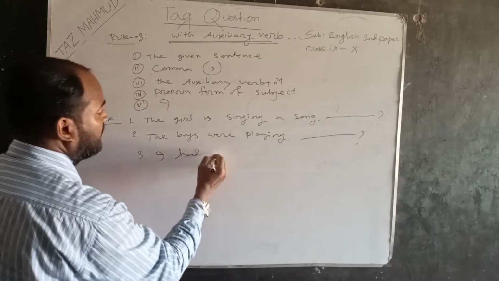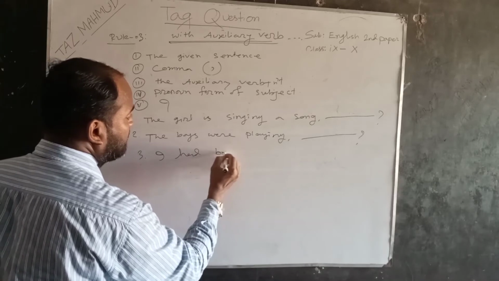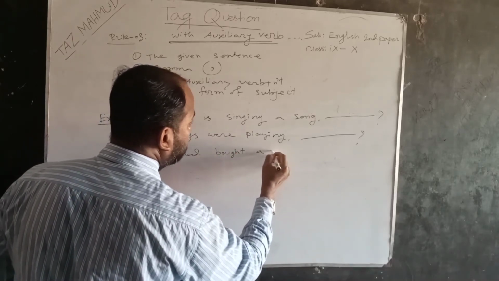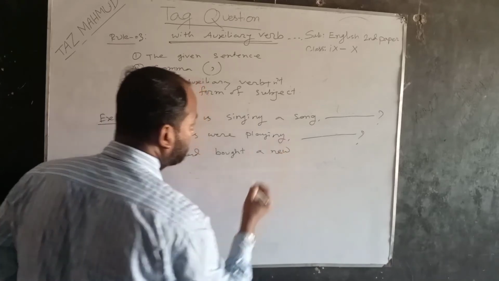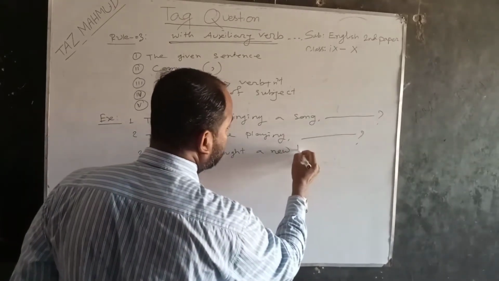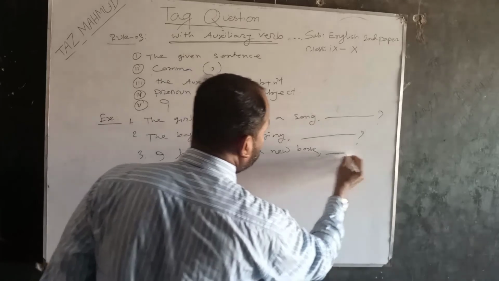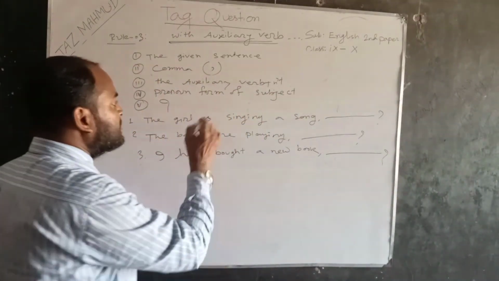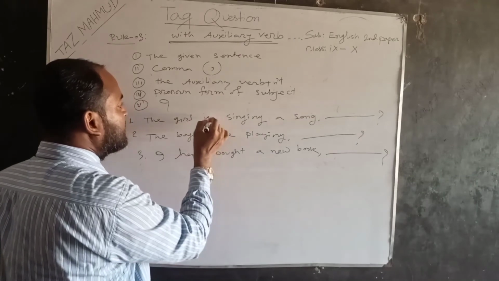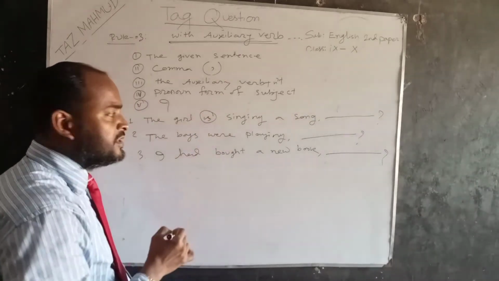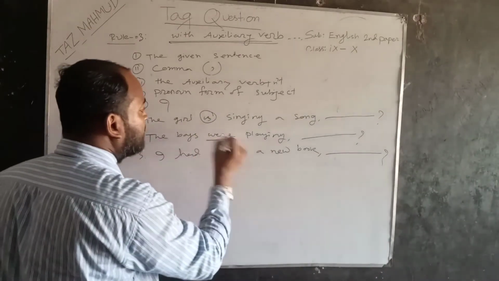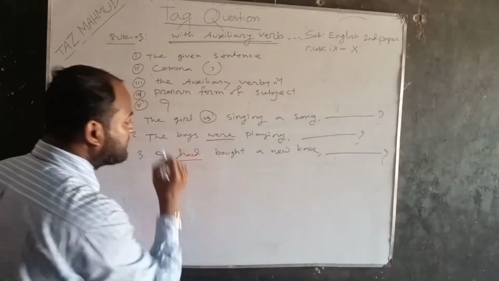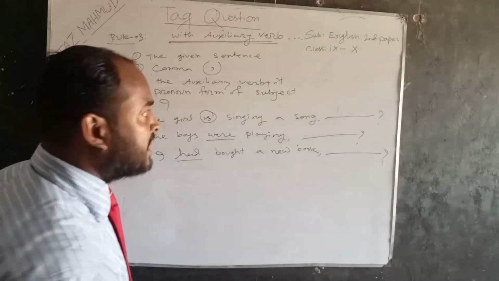I had bought a new book. Dear learners, notice the first sentence bears the auxiliary verb is, the second sentence bears the auxiliary verb were, and the third sentence bears the auxiliary verb had.